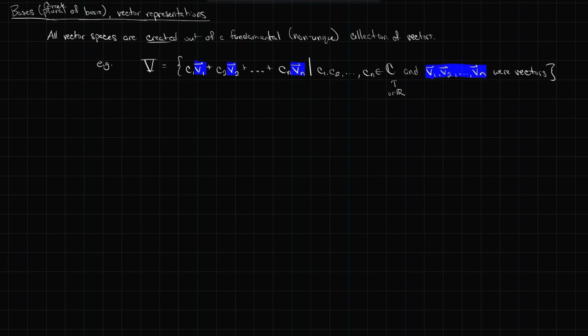In reality, we also came up with this notion of the span. It's the span of this collection, vk, k going from 1 to n. So there's this fundamental set of vectors that is creating every vector space. Now that doesn't have to be unique.